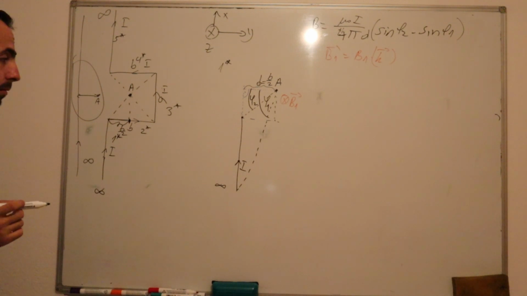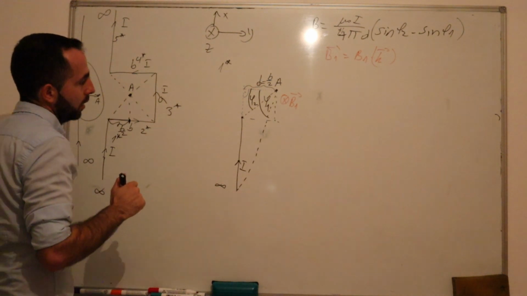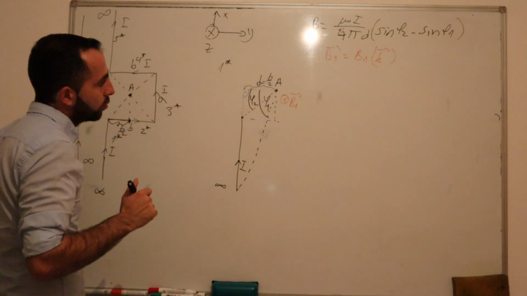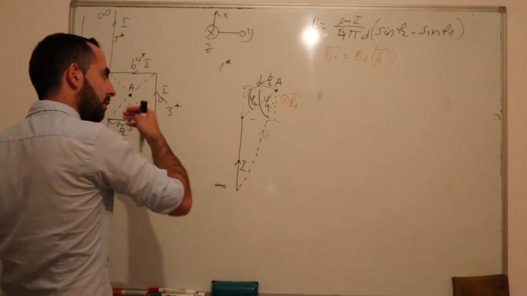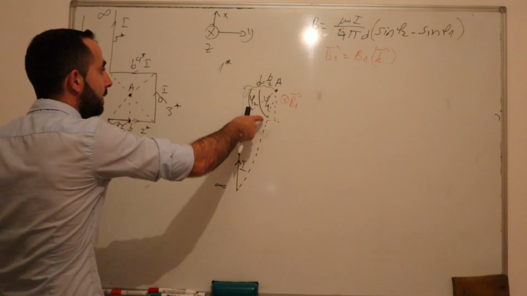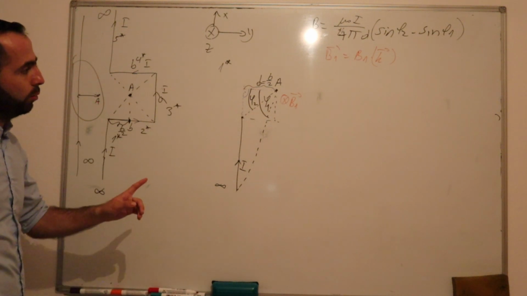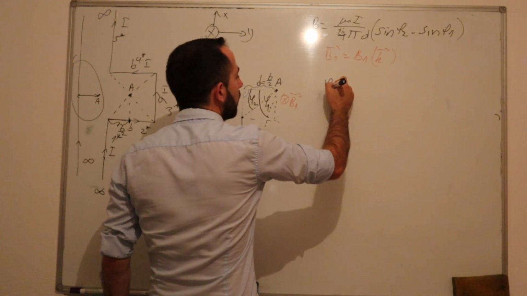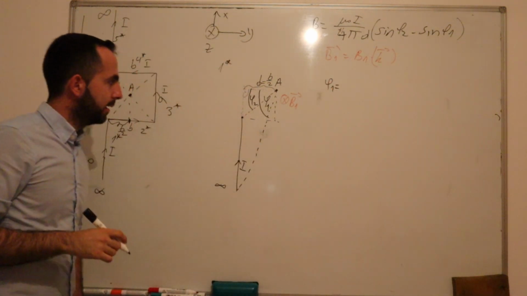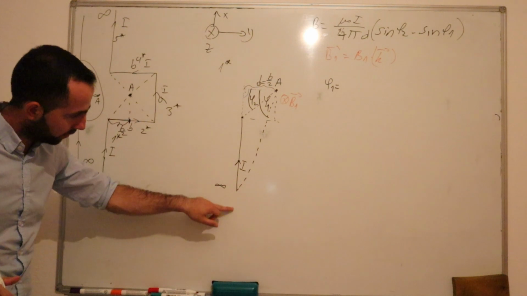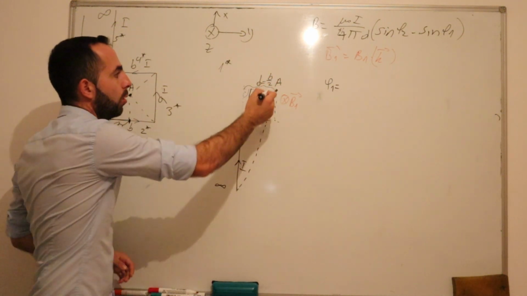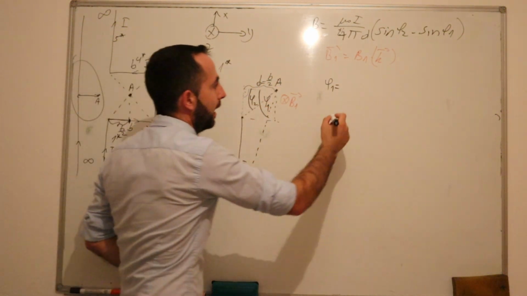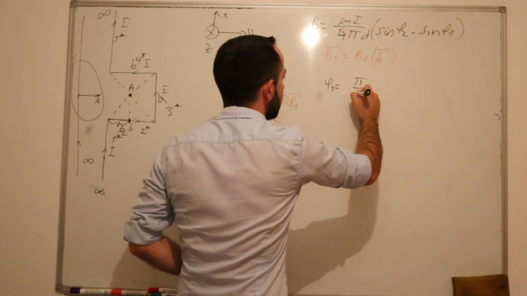The next thing I need to determine is these angles, phi1 and phi2. Phi1, because it is an infinitely long conductor, this angle is 90 degrees, phi and a half.